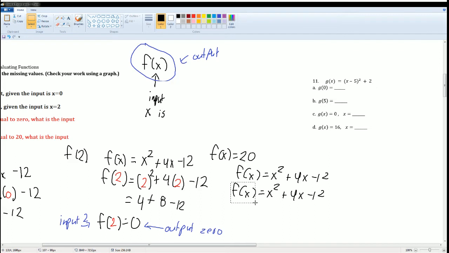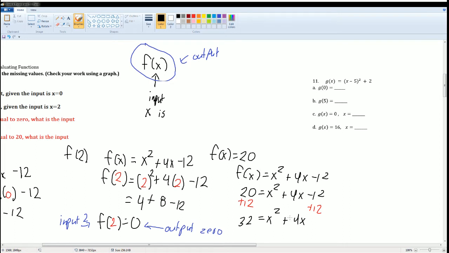So this goes away. What replaces it is the 20. Now you just have to solve for it. All right, this is when you do some more algebra. Plus 12, this gets you 32 equals x squared plus 4x.